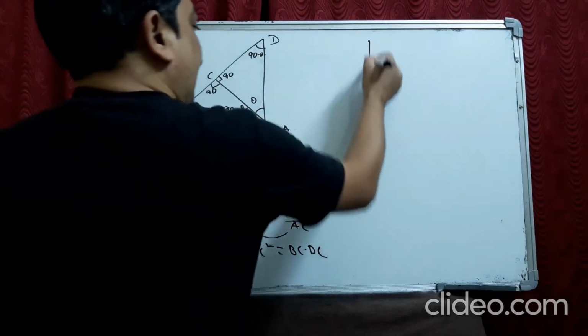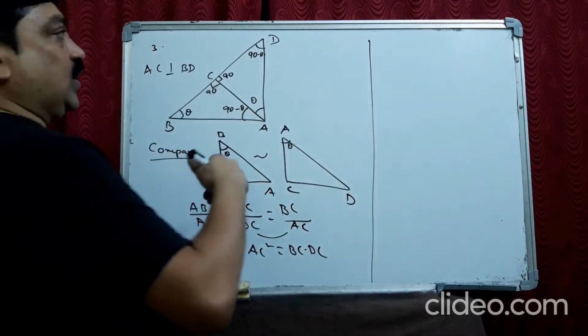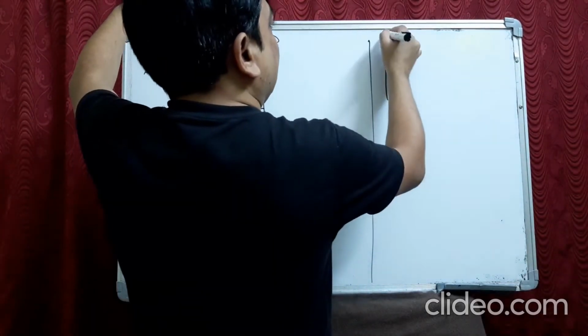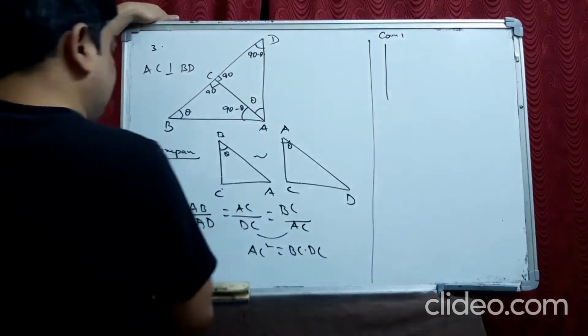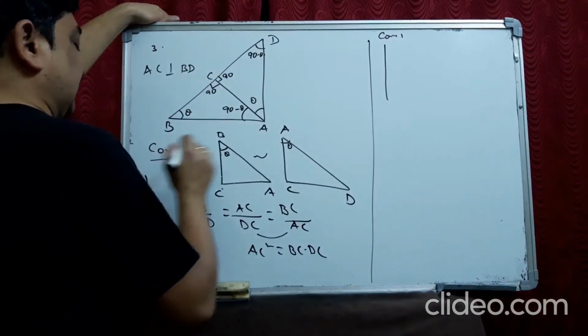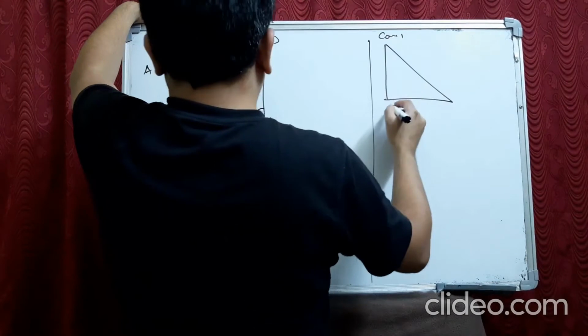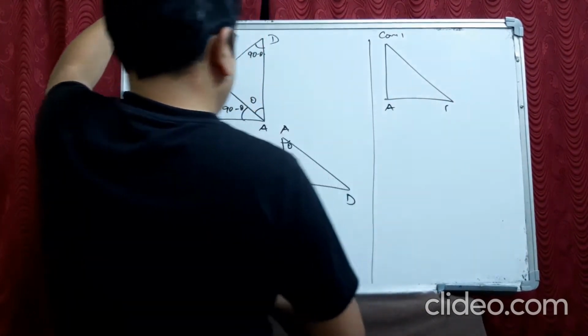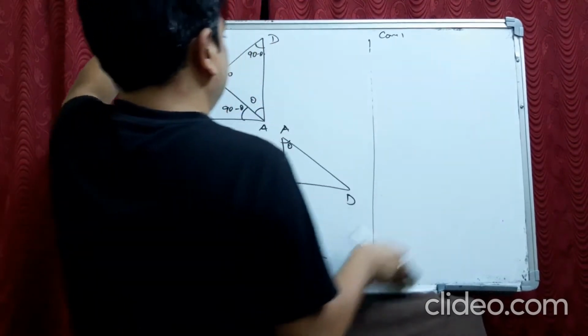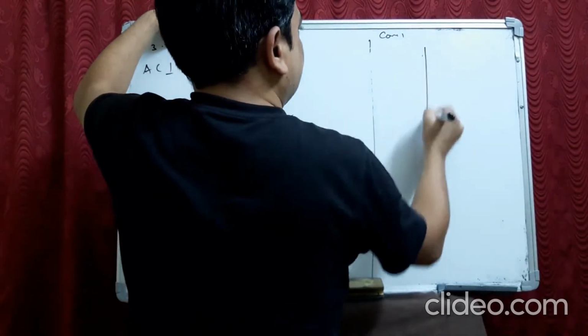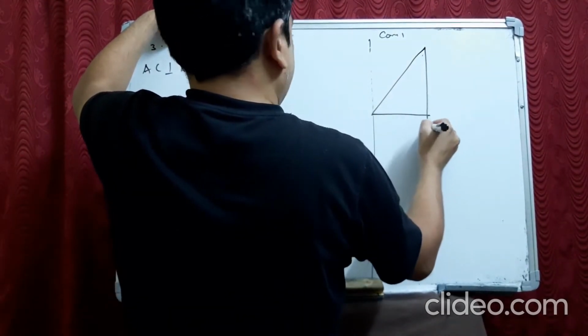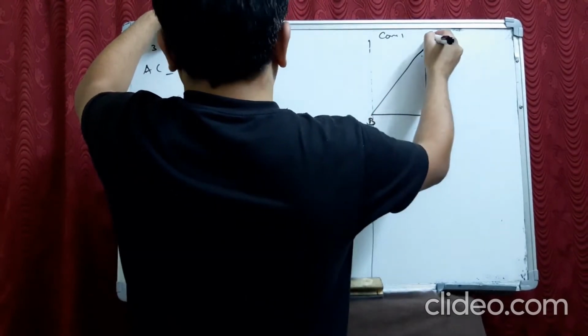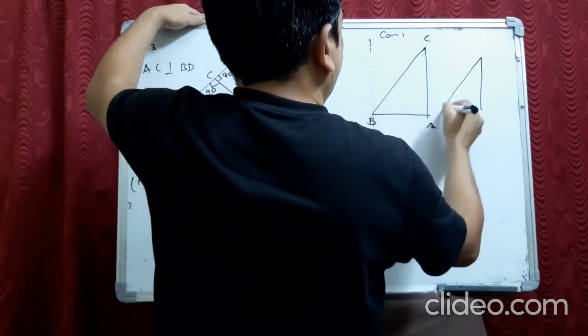Now I take the bigger triangle and one of the smaller triangles. Compare. This is the first one. I think we got this as the second one. First one, bigger triangle A, B, C, and one of the smaller triangles.